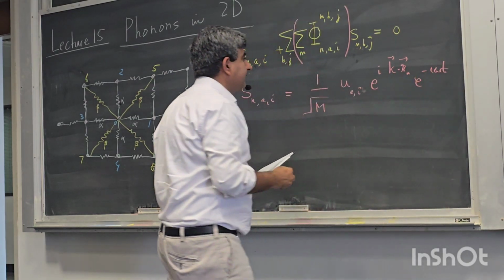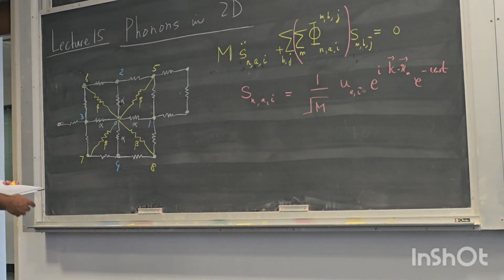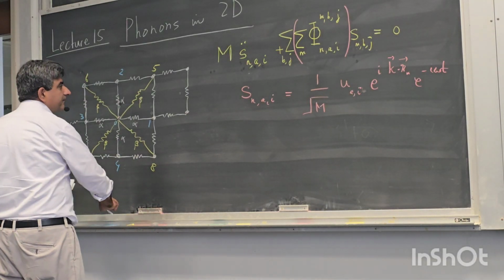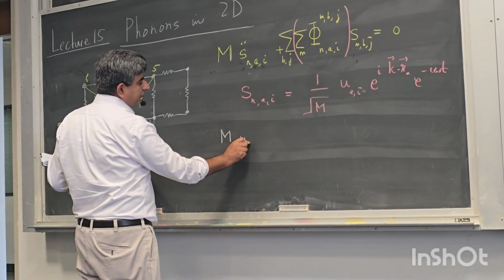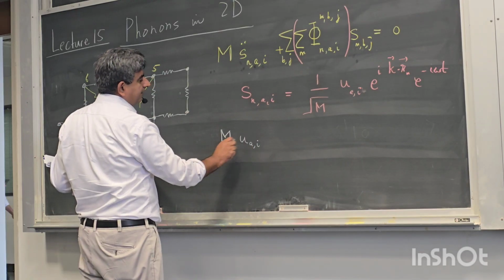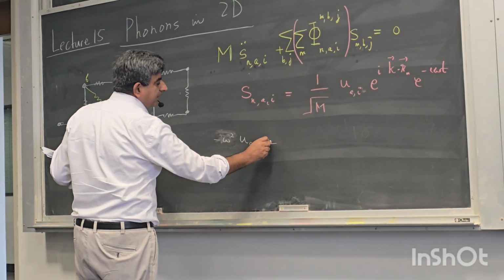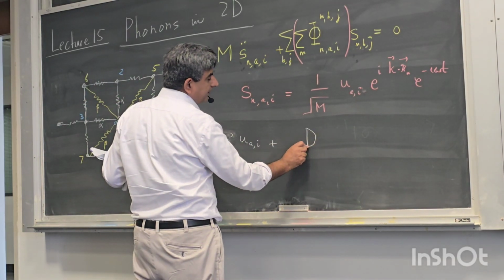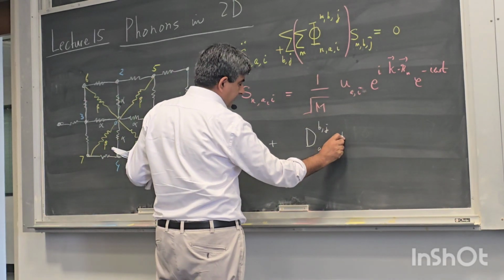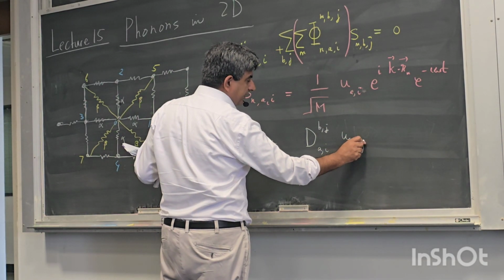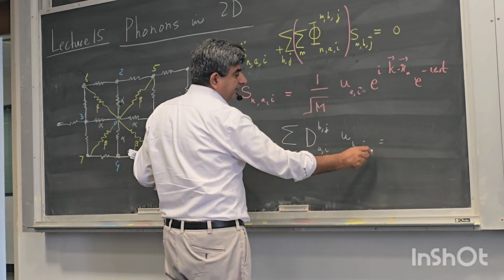If we insert this ansatz into this equation of motion, we get an alternative form, which is given by minus omega squared u A i plus D A i B j u B j, summed over all B j's, equals 0.